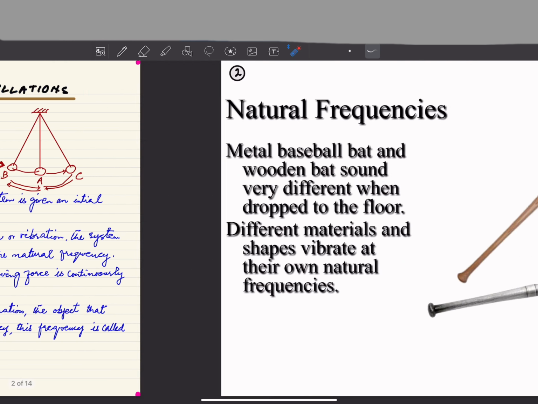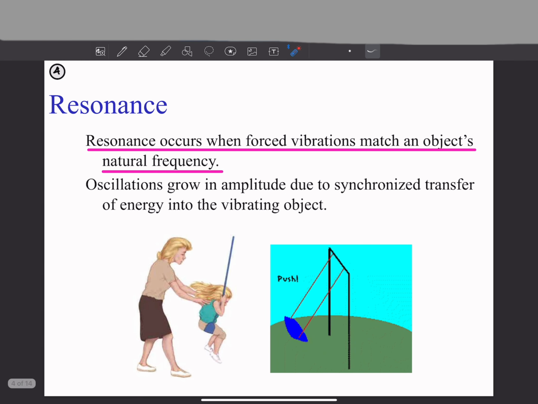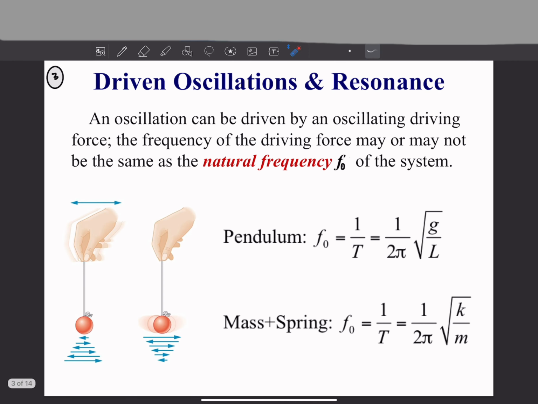Suppose you have a swing here, and if the swing is moving freely, meaning only one displacement and then no more energy is provided, then this is simply free oscillation. But suppose in this case the mother is continuously putting in energy and pushing the girl, then it is the situation of forced vibration.